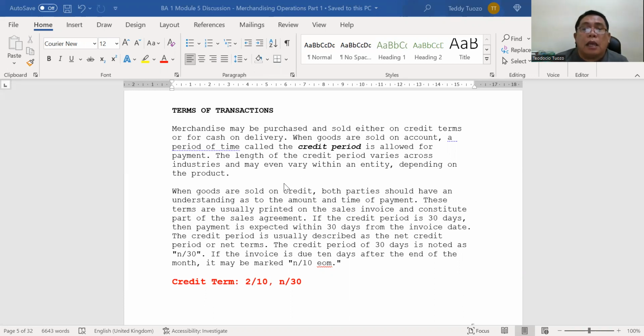And then the credit period again varies across industries and maybe even within the entity, depending on the product. For example, if it is a fast-moving product, then the turnover of inventory is also fast, so cash should also be available at any time.